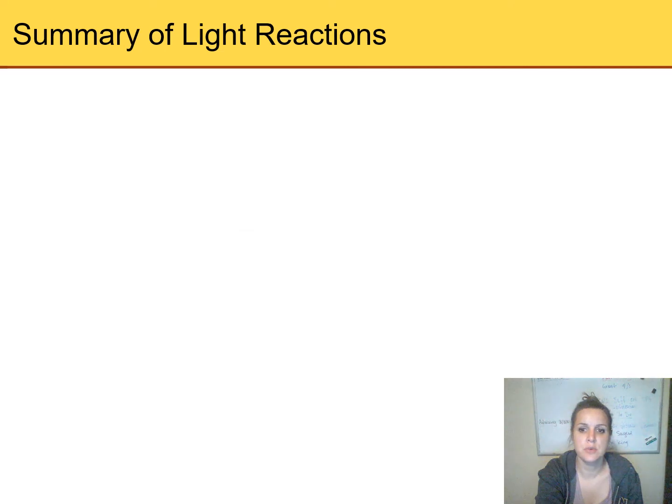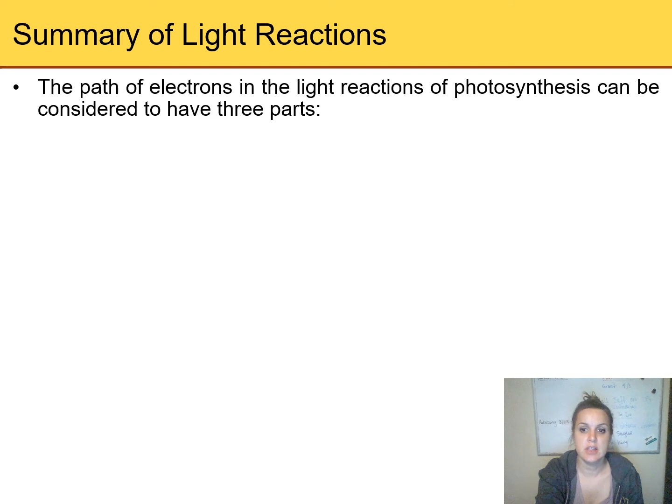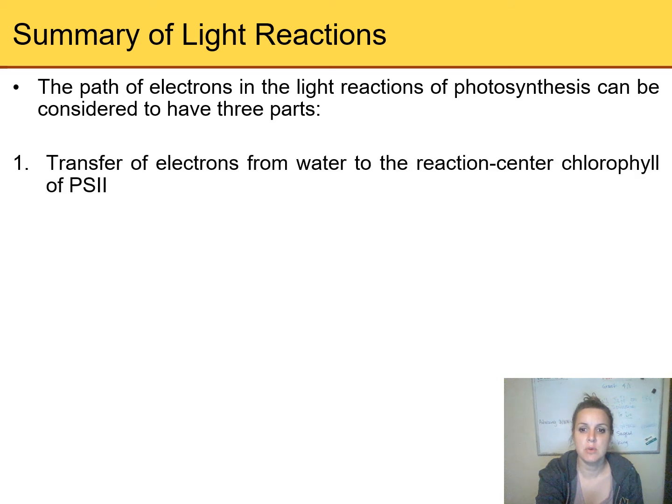So let's summarize what we see in the light reactions. So basically we can see that electrons are going to travel in the light reactions in a series of 3 different parts. Basically what we see first is that electrons are transferred from water to the reaction center of the chlorophyll at photosystem 2.